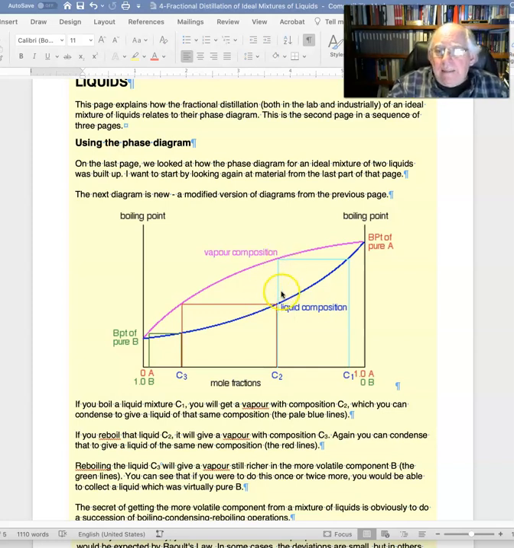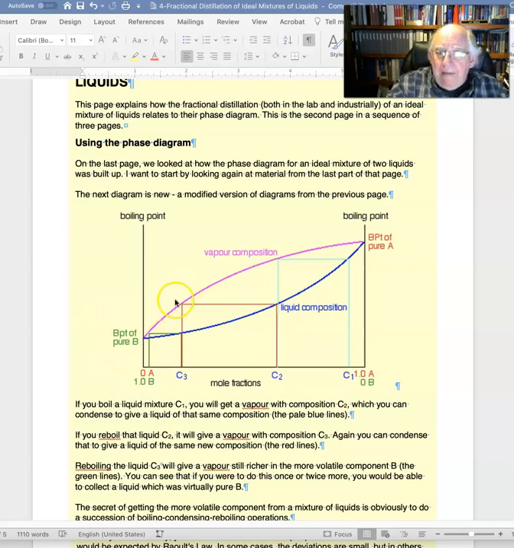Now, if that marble has reached the temperature given by this point here, then the liquid on that marble will boil, and the vapor around that particular surface will have an even higher composition of the volatile component.